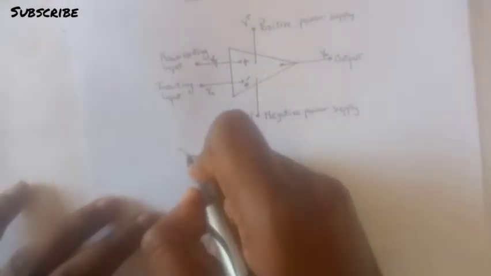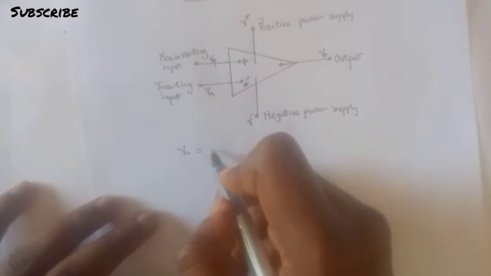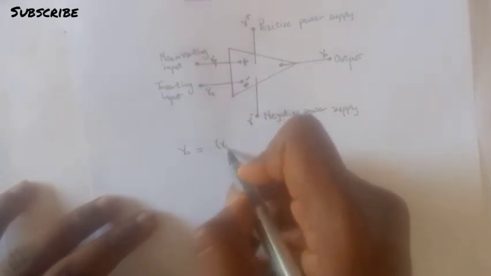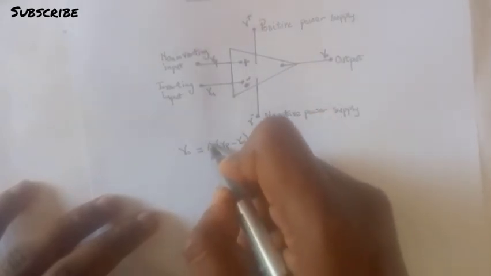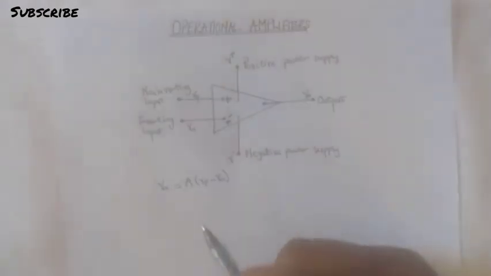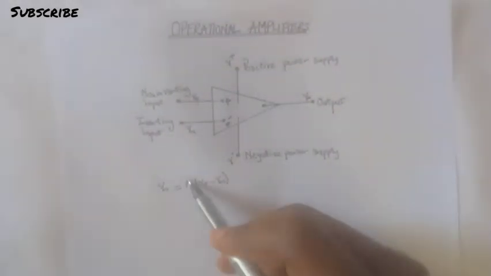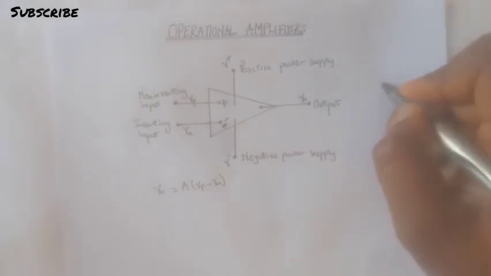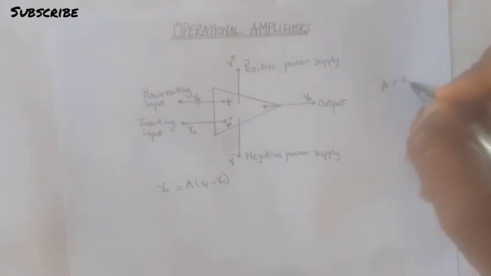So what we are saying in essence is that V0, that is the output, is equal to the difference between these two, that is Vp minus Vn, multiplied by some number A. But here's the thing. One major characteristic of an ideal amplifier is that this A, the gain, is infinite.